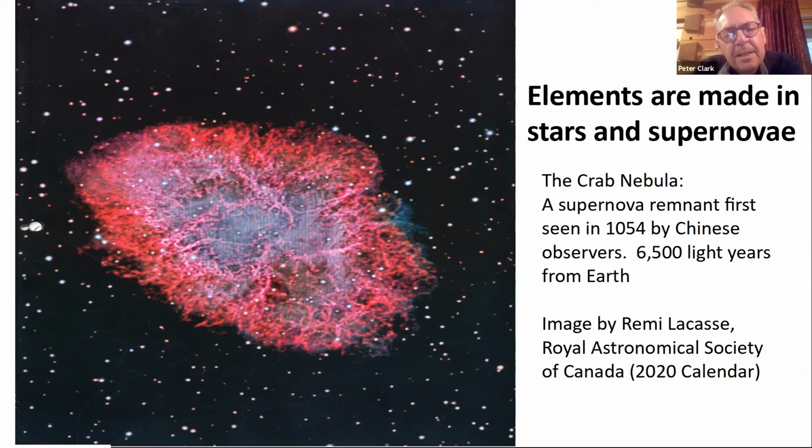The other interesting thing about this picture is, and I'm not exactly sure how Remy recorded the colors on this, but this is still a very energetic system, because the fact that we see color means that energy is being exchanged between the atoms, perhaps the molecules, which are beginning to form in this system.